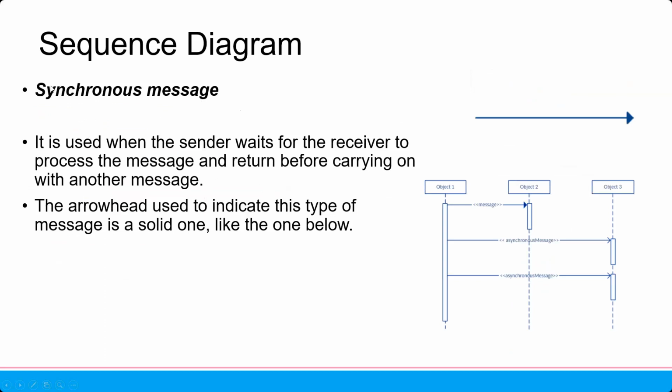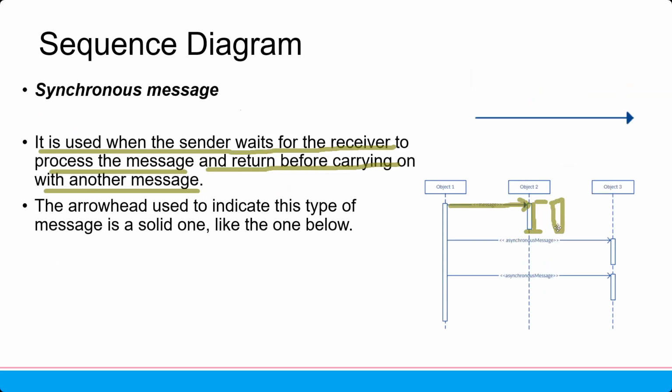Synchronous message. It is used when the sender waits for the receiver to process the message and return before carrying on with another message. So if you have one message to this object, then there will be a lifeline, and this lifeline is indicated with a box.